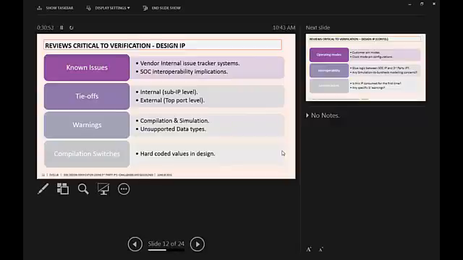Warnings. When you pick up the design and try to build it, compiling it using your simulator, you will always see some warnings. There may be lint warnings or unsupported data type warnings. You need to know very clearly, do your homework, what they actually mean. It's possible that your version of the simulator may not support something, so it will give a warning.